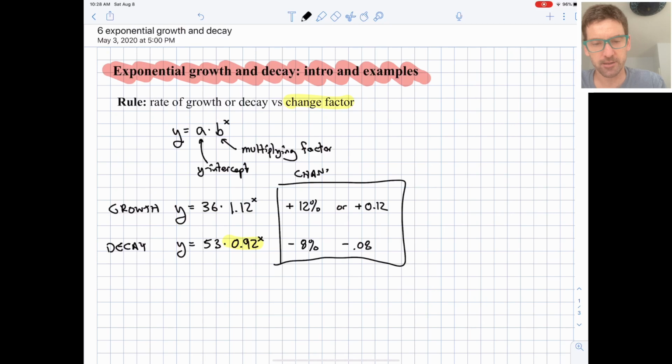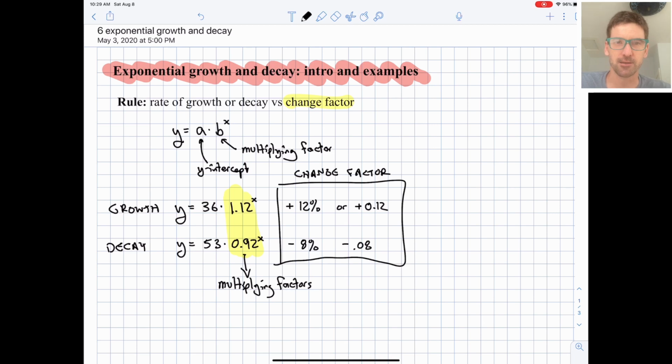I don't know if every math teacher or every textbook does that, but that's what I call them. I call these numbers the bases. I call those the multiplying factors. So they're definitely related, but the multiplying factors have that initial value of 1 that we're either adding or subtracting the change factor to.